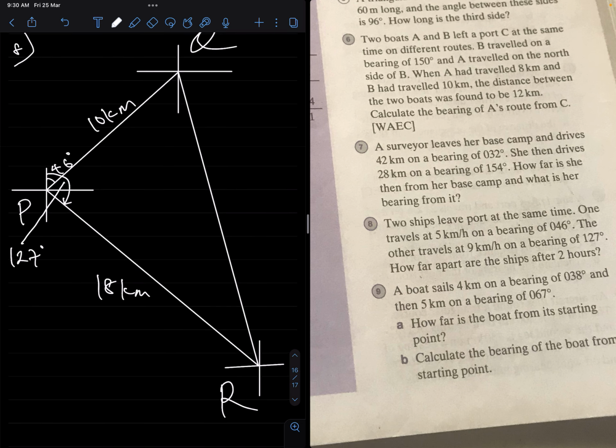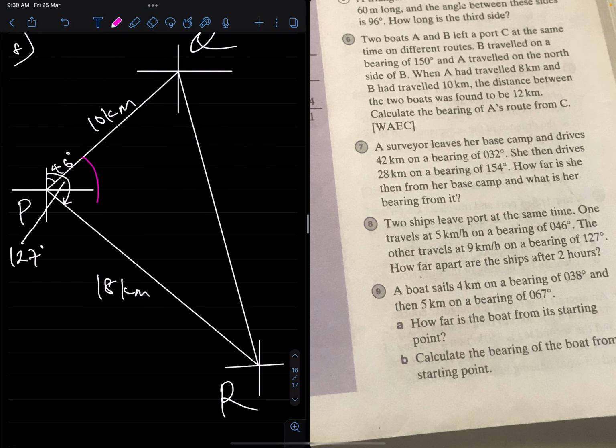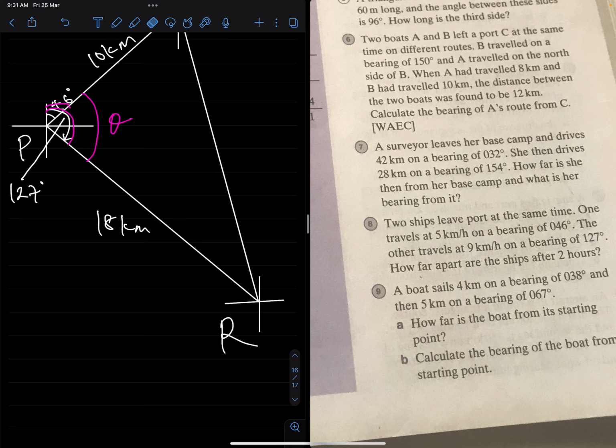Now, how do I find their distance apart? I need to find this angle. Let me call this theta. If this is 46 and the whole of this is 127, that means theta is 127 minus 46.